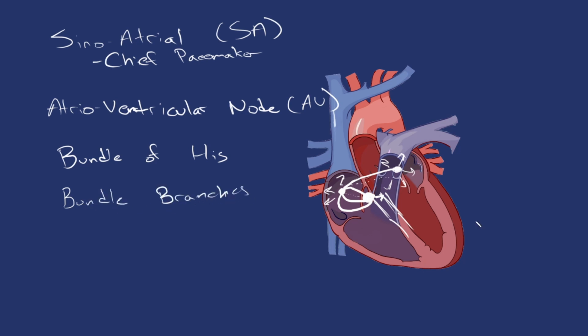Each of these ventricles we want contracting at the same time. We want this to come in and this to come in, similar to how we have this up here to help the left and right atria contract relatively at the same time.